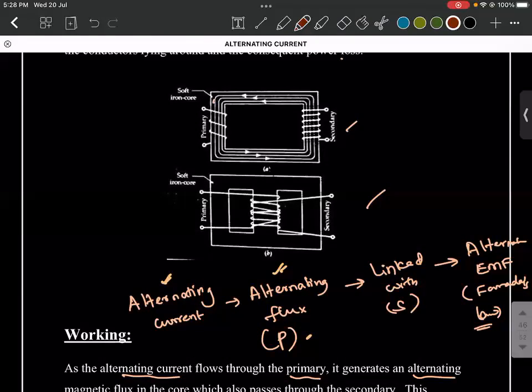The alternating flux is getting linked with the secondary coil, and from the secondary coil, what is getting generated? You're getting an EMF, and that is also alternating in nature. So the EMF that is getting generated at the secondary end is also alternating in nature.